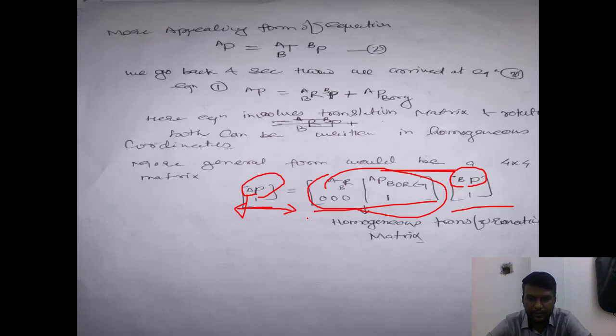If there is no translation, delete this part and just multiply with the rotation matrix. If there is no rotation and only translation, just delete this part. So this is the summary.